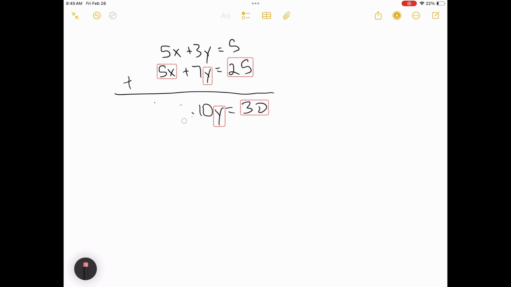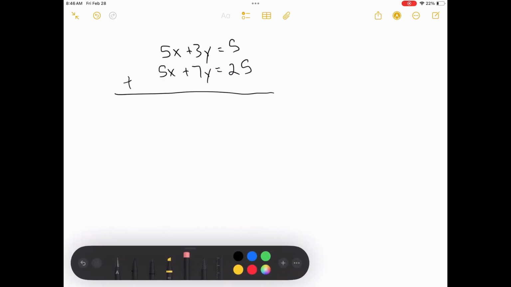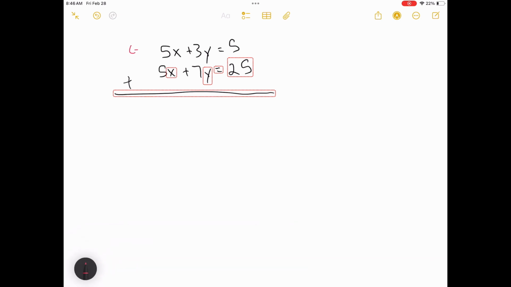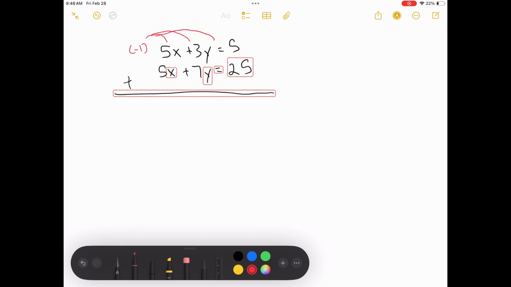And how you change the signs so you'll be able to eliminate is you just need to multiply one of these equations by a -1. Okay, so I'm just going to choose the top one, and then I'm going to multiply it by -1 here. When I multiply it by -1, basically it's just going to change the sign on all of these. So I'm actually going to rewrite the whole thing now.